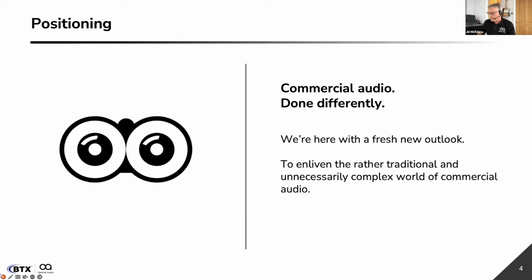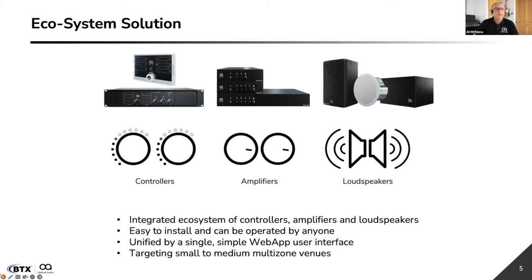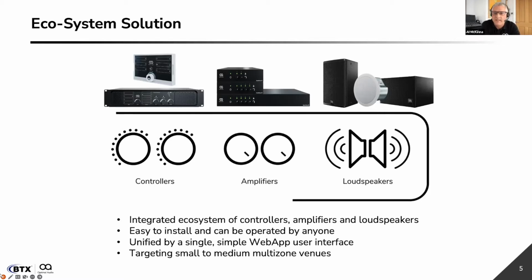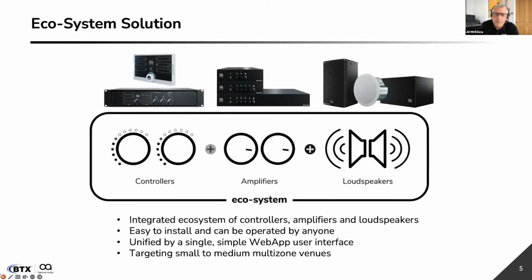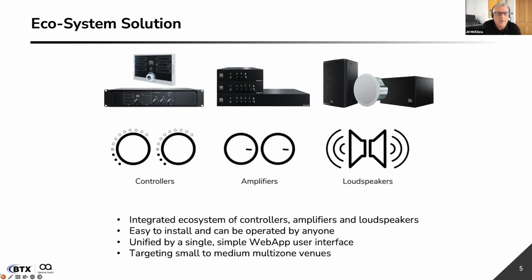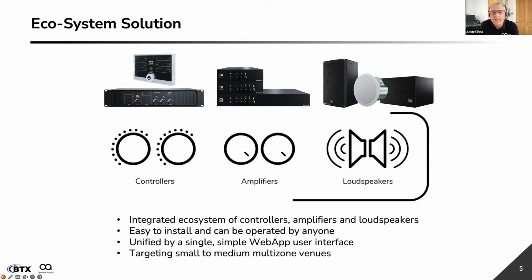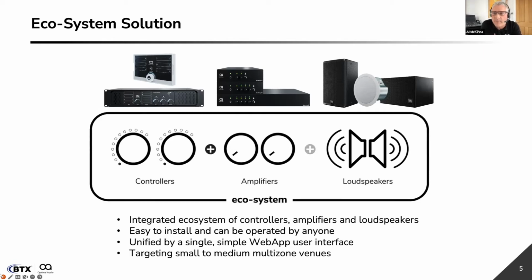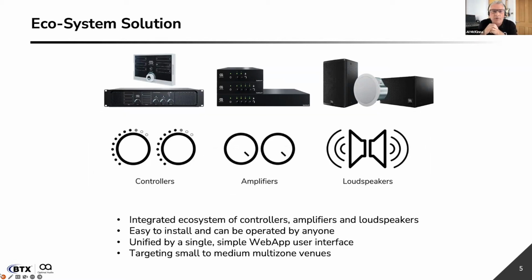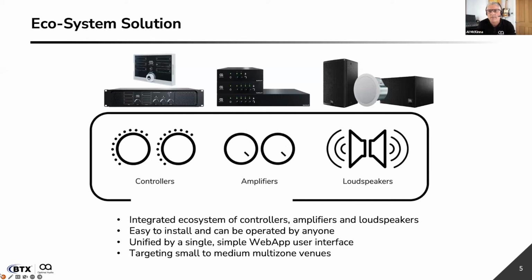And we do that with our ecosystem solution, our ecosystem approach to our product line. We take a very, very simple categorization of our products when creating our solution. We categorize them as controllers, amplifiers, and loudspeakers, all working together, optimized in their solution approach, and all kind of powered by the central user interface that we call web app.